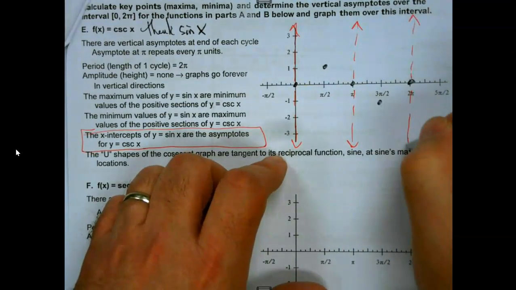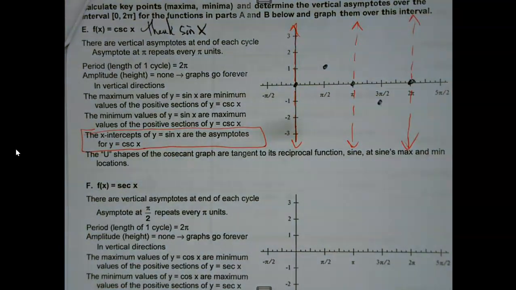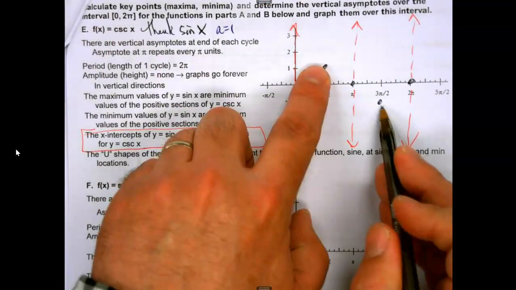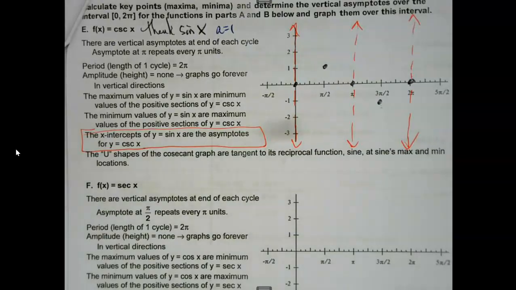All right. So what about the other points that I see? The other points that you see are going to be mins and maxes of what look to be parabolas. My a value is 1, so that's why these were at 1 and -1. If it changes, those would.